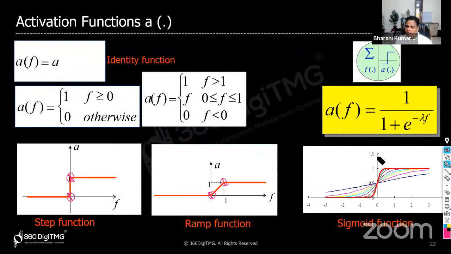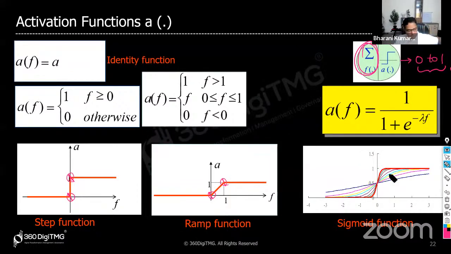Okay. And no matter what your integration values are, they can be anywhere between minus infinity to plus infinity, it doesn't really matter. But your output values of the sigmoid activation function would always be in the range of 0 to 1.